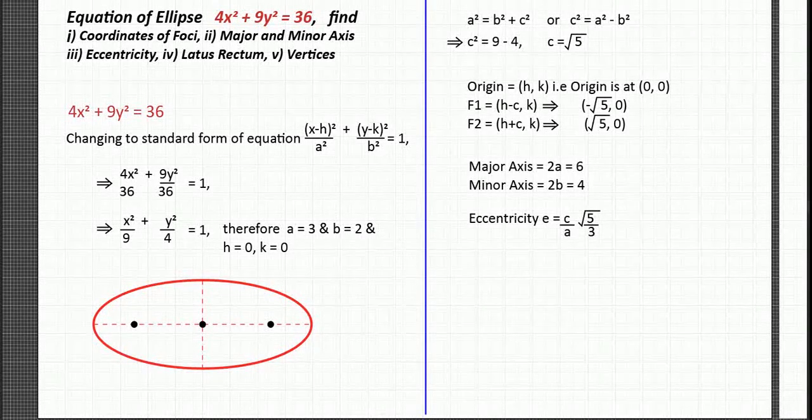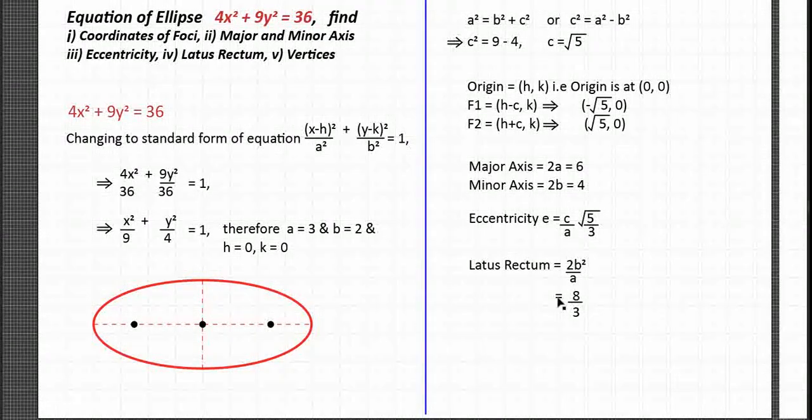Eccentricity is given by c upon a. c is root 5 and a is 3, hence eccentricity is root 5 by 3. Latus rectum, since this ellipse is horizontal, the latus rectum formula would be 2b square upon a, which comes out to be 8 upon 3.